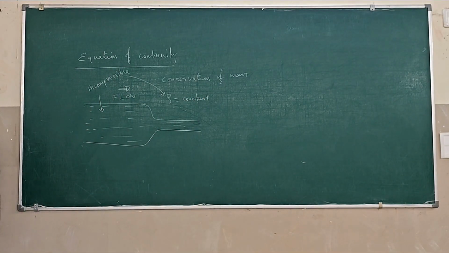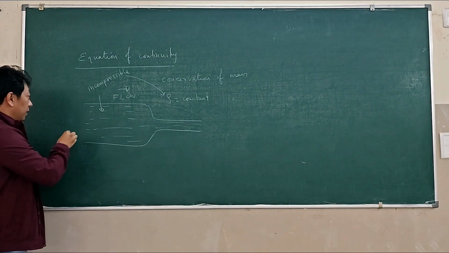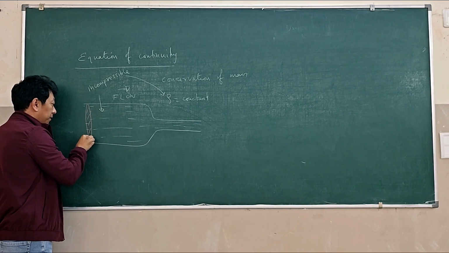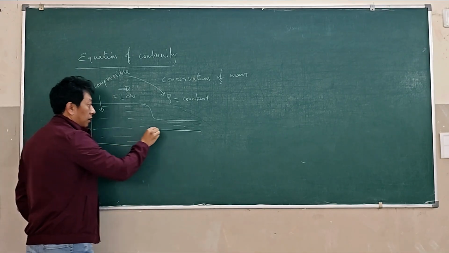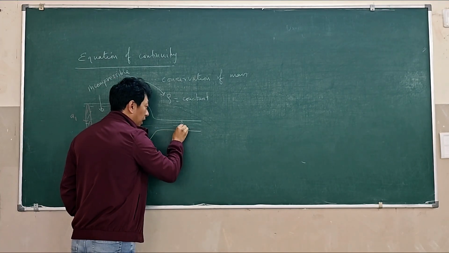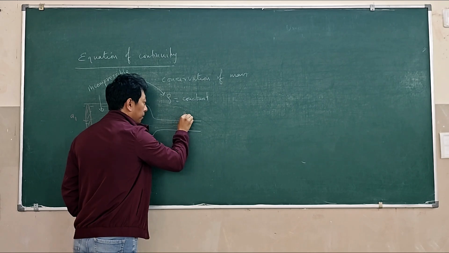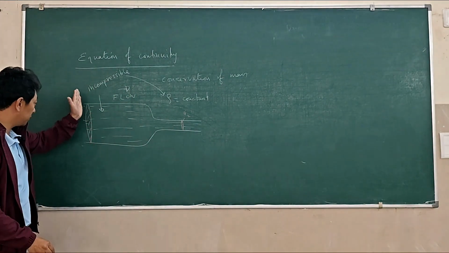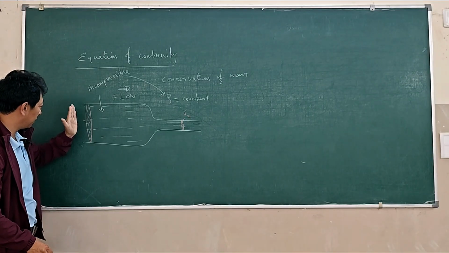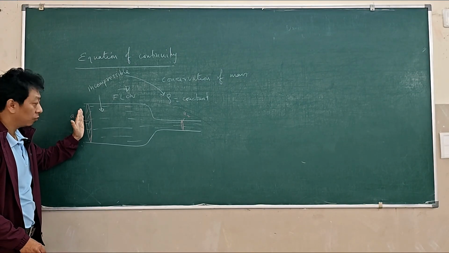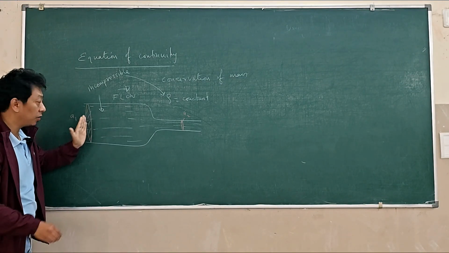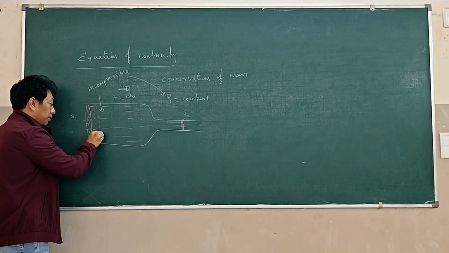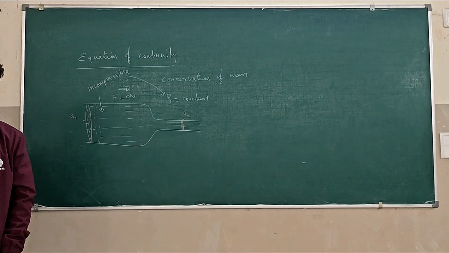Now focus. If I say here the cross sectional area is, let's say, A1, and here the cross sectional area is, let's say, A2. Now as the fluid will move, this cross sectional area, this red pink color part, will move this way. So let's say this one reached here after some small time t.